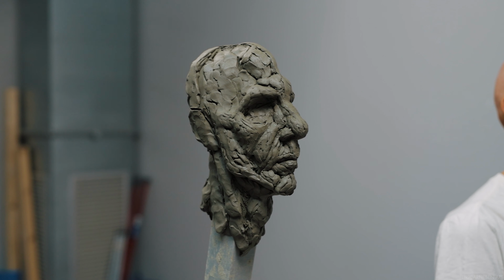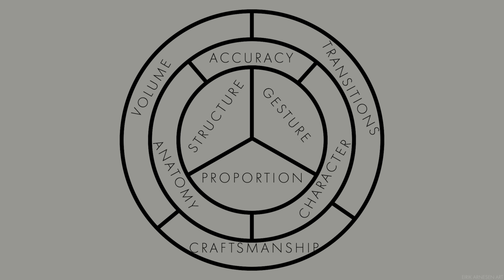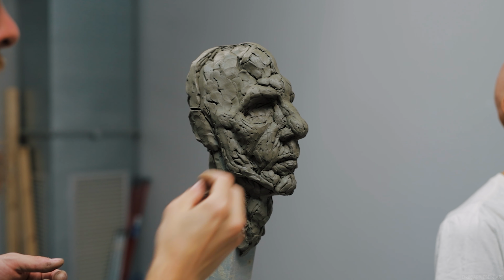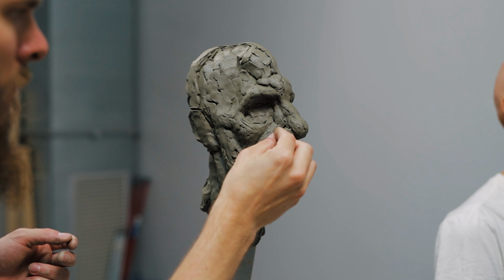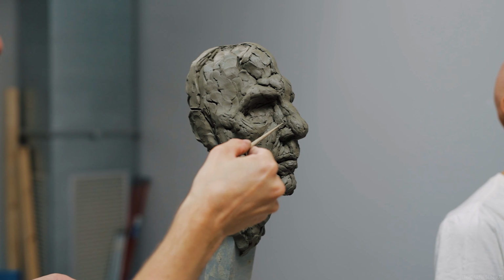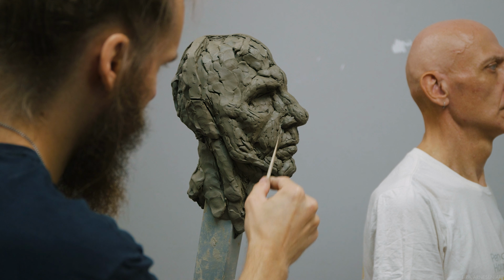Likeness is kind of in the secondary circle of importance, together with anatomy and character. I think perhaps of those three, it is the least important, even less so than anatomy and character. However, by achieving the three in the inside circle, structure, gesture, and proportion, you are already going to be long way down the road towards achieving likeness.